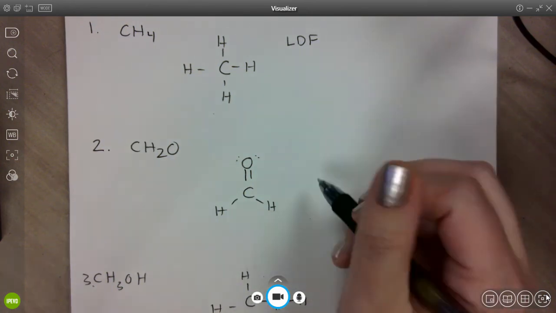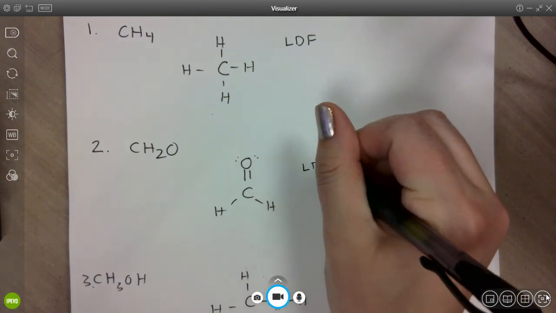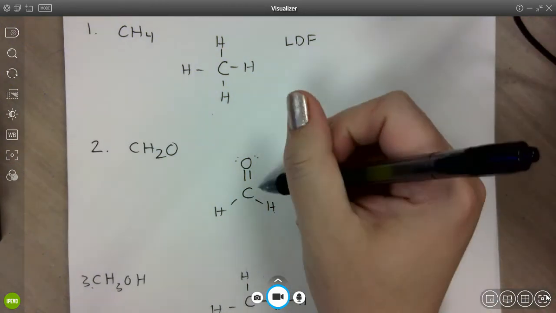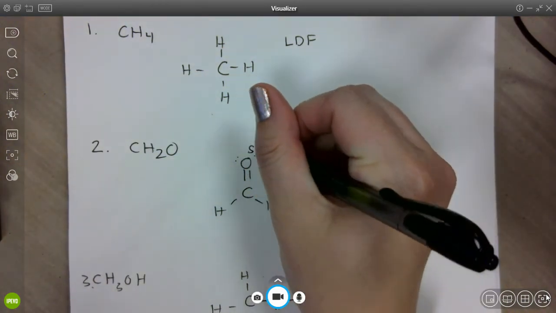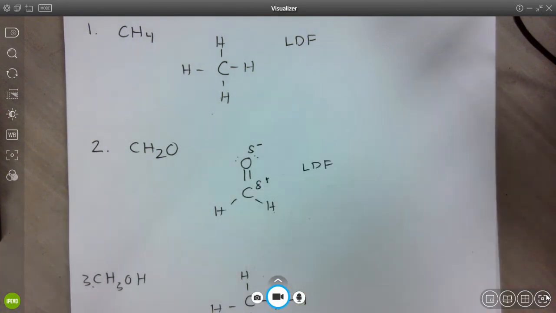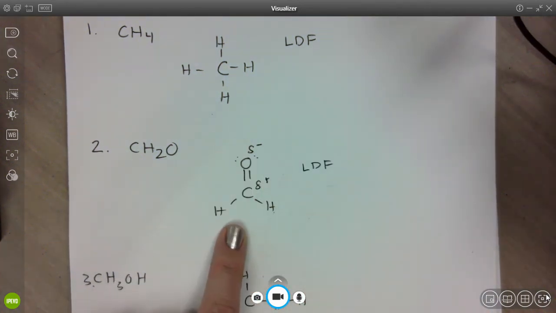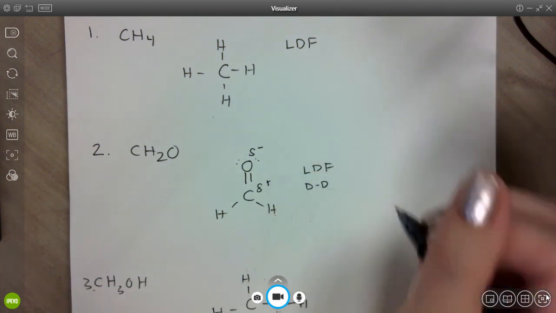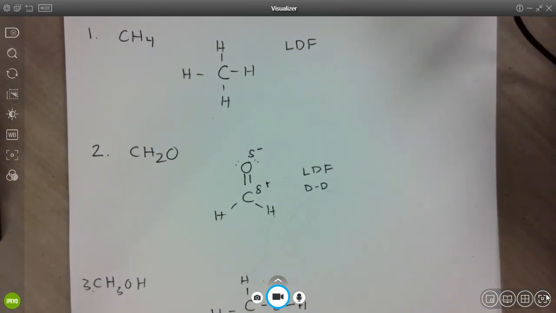If I take a look at CH2O, automatically, because I can draw a Lewis structure, it has London dispersion forces. Now I need to take a look at the bonds and see if I have a polar molecule. C to H we know is nonpolar. O to C is a polar bond. O has a partial negative. C has a partial positive. Because we have a blend of types of bonds here, that means that this is a polar molecule. And that means that we have dipole to dipole, which I'm going to write DD there, okay?